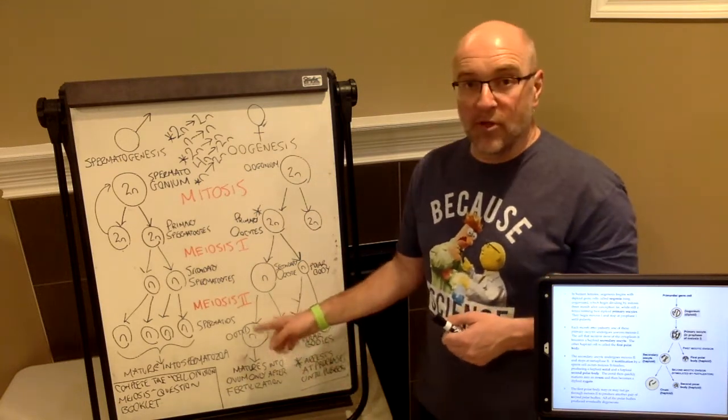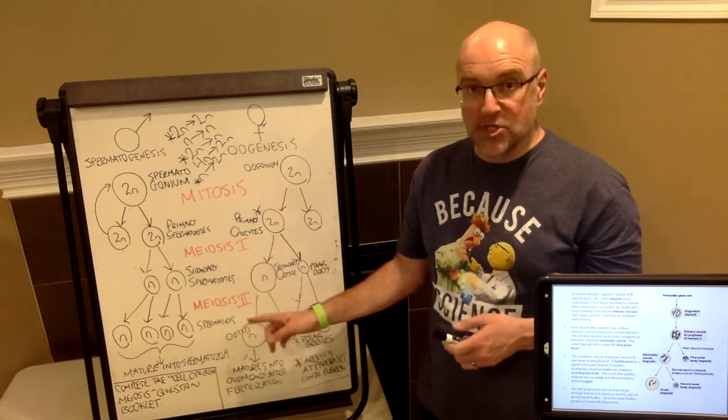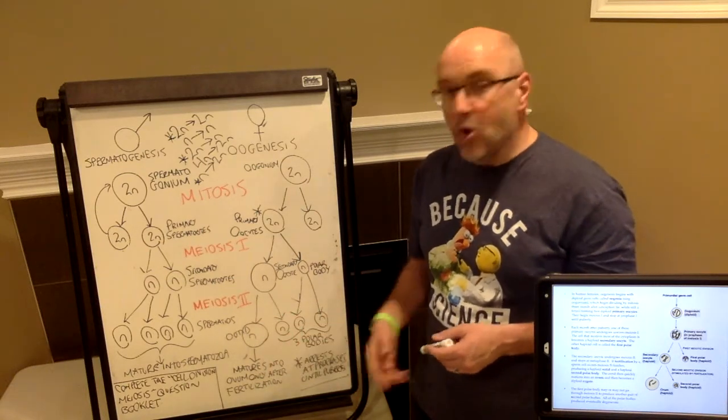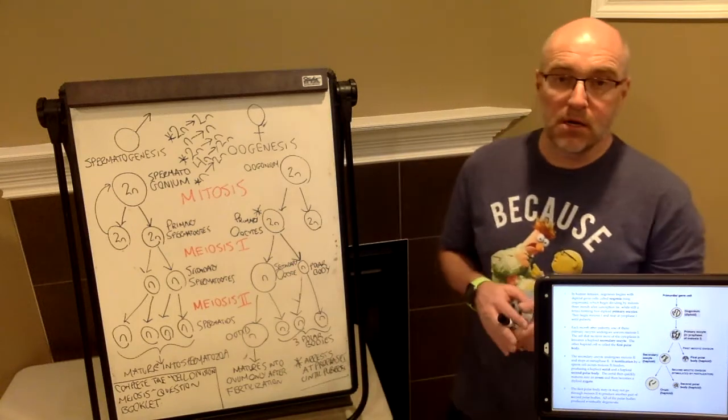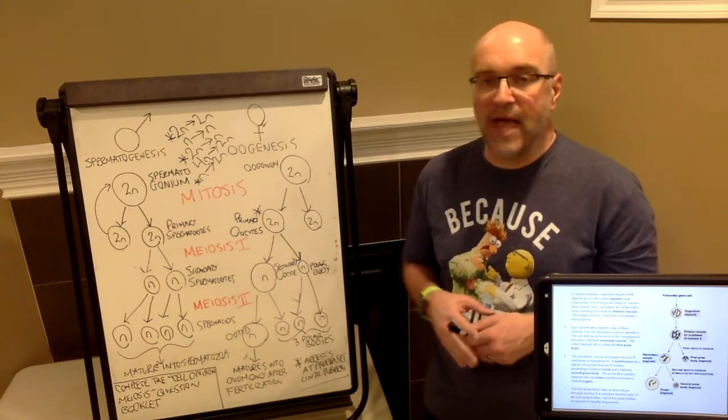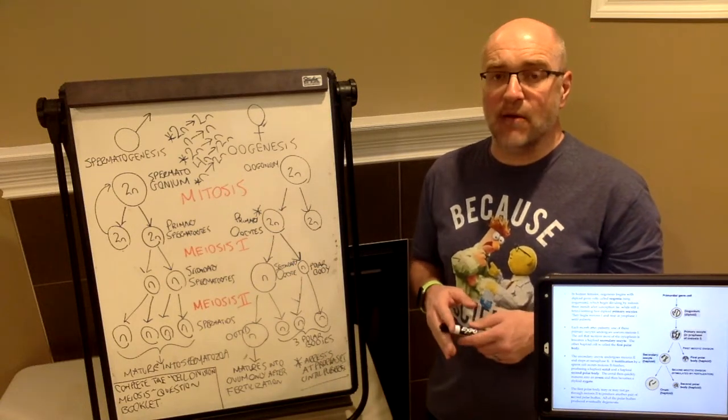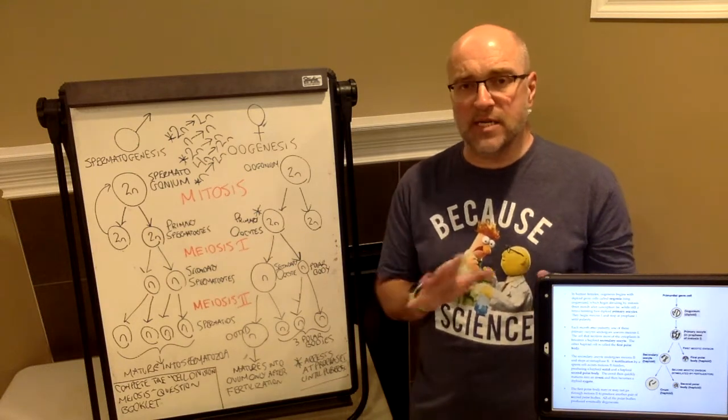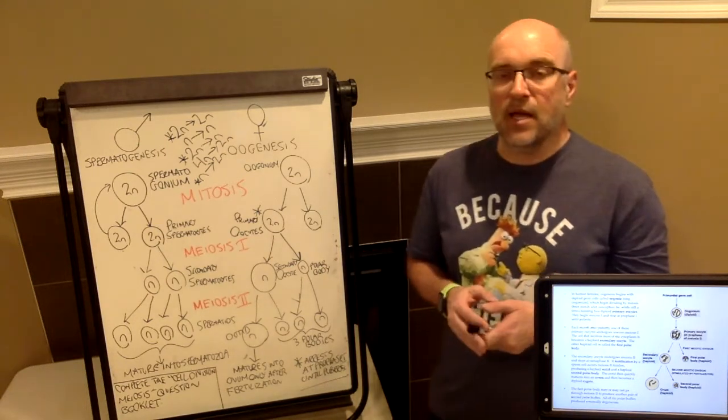The ootid will then mature into an ovum, but that will only occur if that gamete comes in contact with a sperm cell. And we'll discuss this in greater detail when we talk about conception in the reproductive unit.